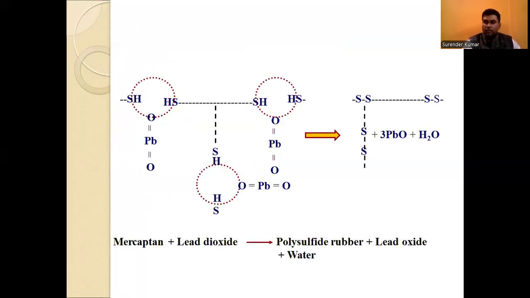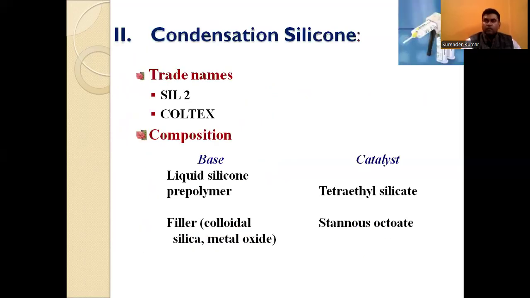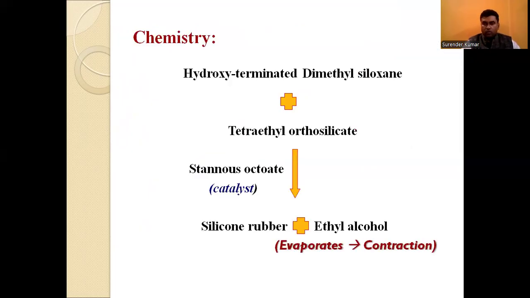So you can see the mercaptan with the lead dioxide will give you polysulfide rubber, and water is liberated. Now coming to the second type, the condensation silicone. Trade name is Sil-2, Xantopren. Composition is based on a base phase and a catalyst phase. The base phase has liquid silicone prepolymers and fillers, and the catalyst is tetraethyl silicate and stannous octoate.